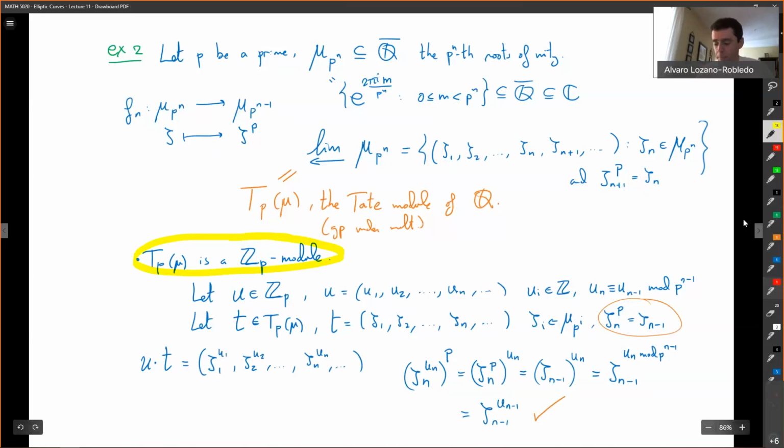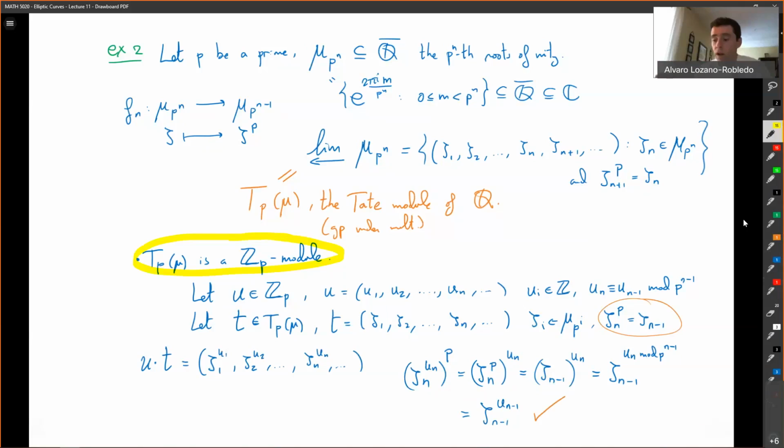Sorry, so just to confirm, in those last two steps we go from zeta_{n-1} to the u_n to zeta_{n-1} to the u_{n-1}, because we know that we're allowed to congruently chop off the p to the n component when this is a p to the n root of unity.